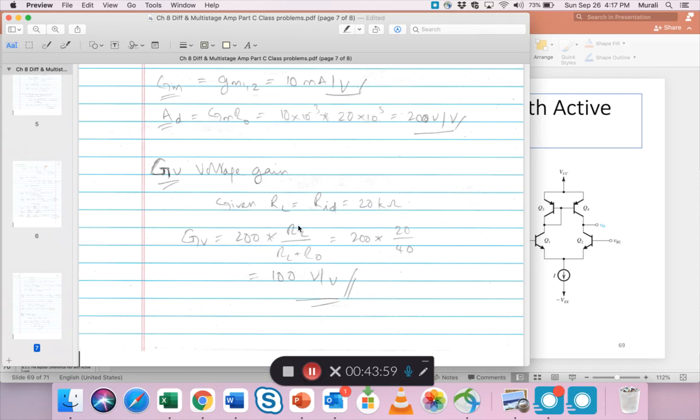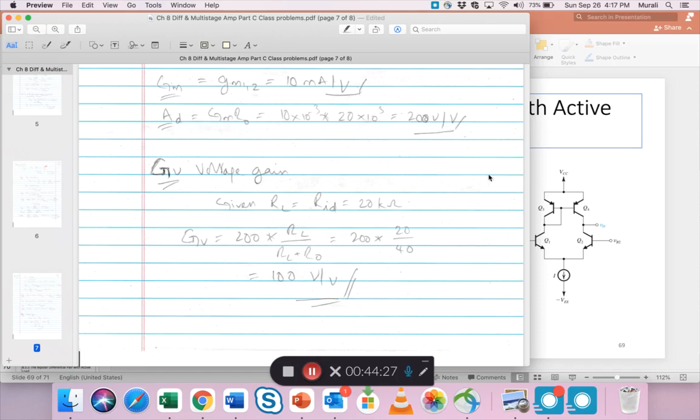You can do this, the voltage gain multiplied by RL over RL plus RO, or you can take the same approach that we used previously. Well, I guess this is the right way to do it.